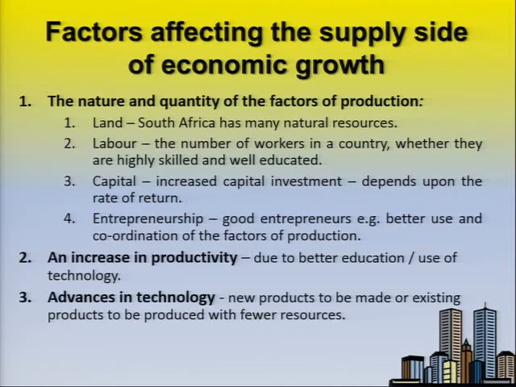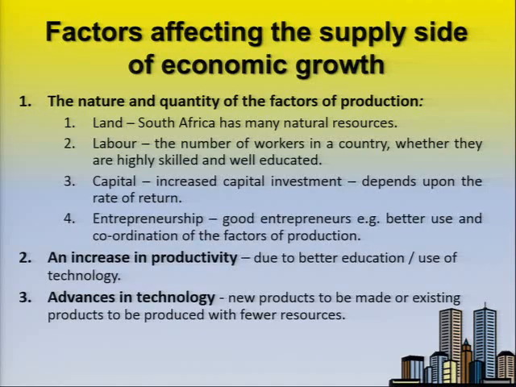Now, secondly, the second supply side factor there is an increase in productivity. What is productivity? Productivity is the relationship between the output and the input. We know we have labor productivity and capital productivity.